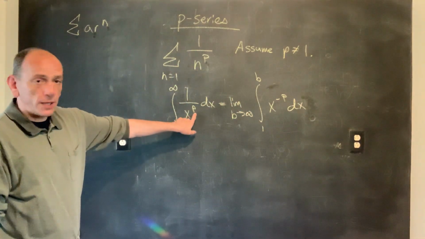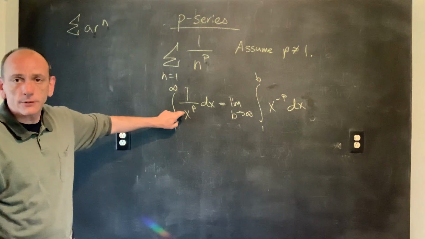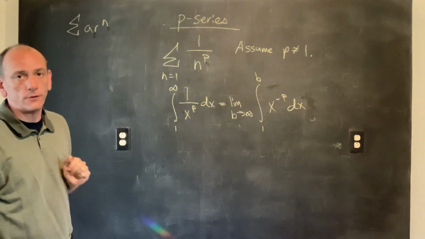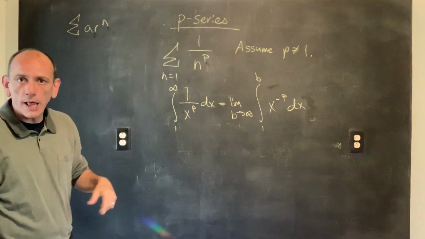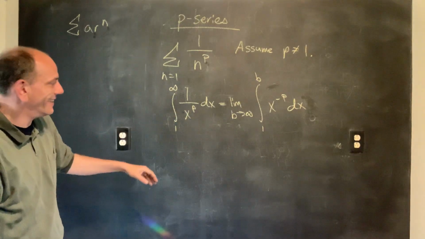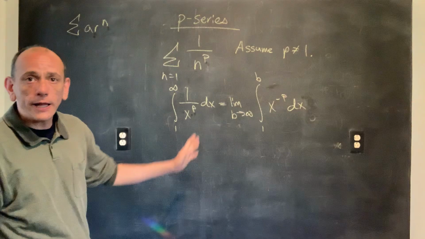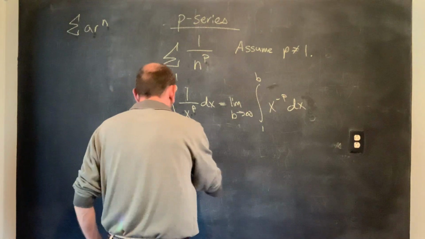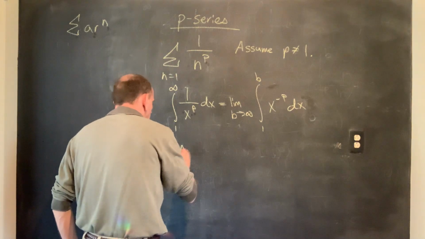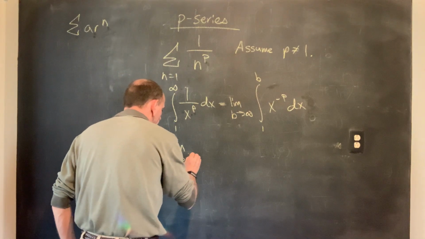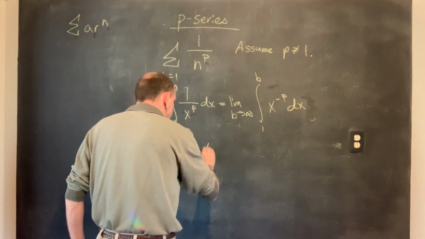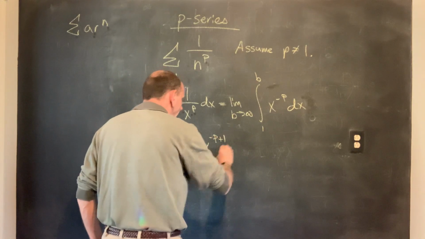Now, if p were 1, I'd have 1 over x, and that's the one time that the power rule fails. Then we have ln, and we have to treat that separately. We'll do that in a second. But if p is not 1, then I can just use the straight power rule. So I've got the limit as b goes to infinity of x to the negative p plus 1.